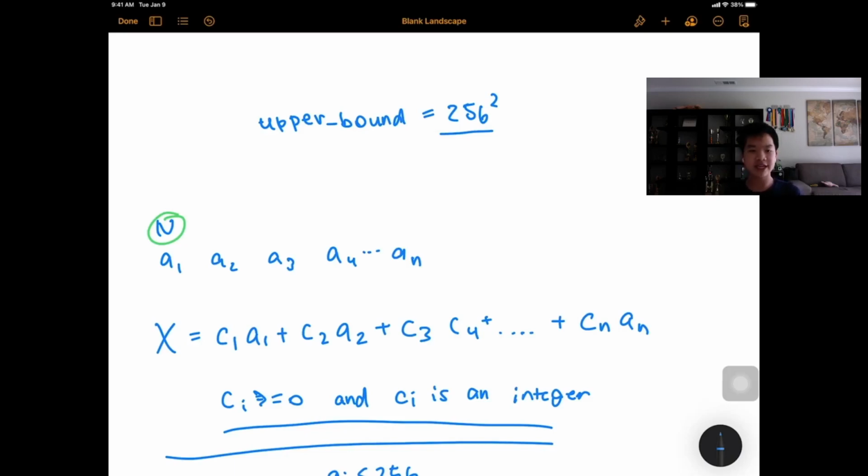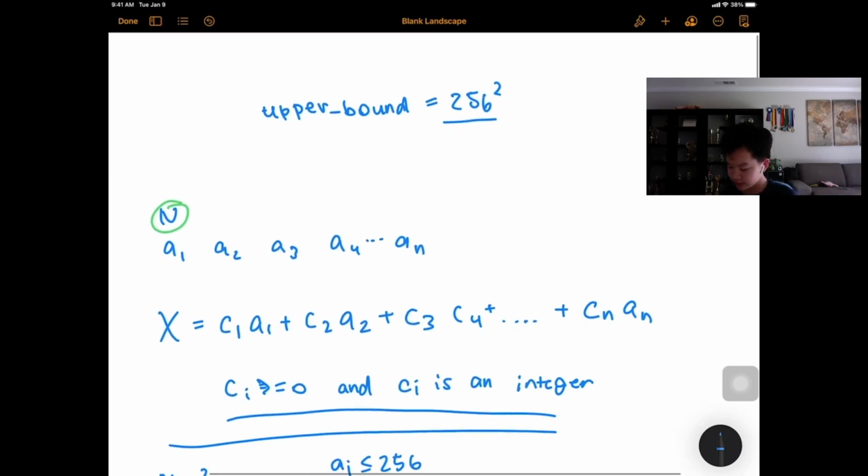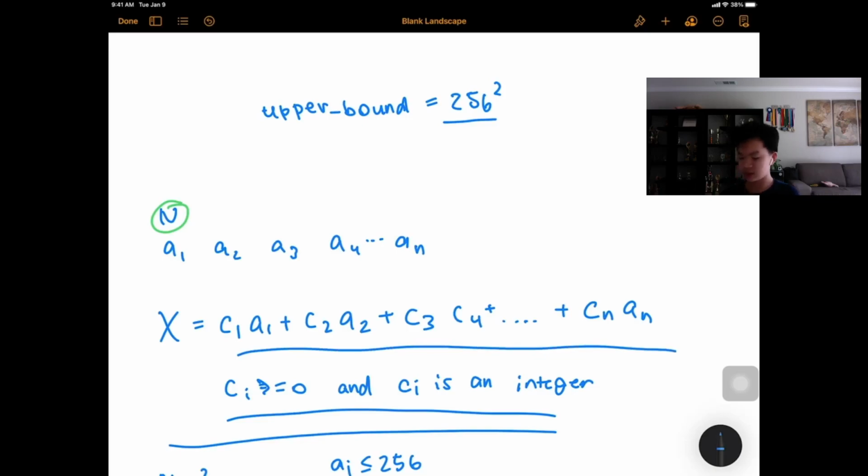So if we take three numbers, the highest value that cannot be represented would only decrease because, let's say we have two numbers, let's call this a, let's call this b. So we know that this is our upper bound.